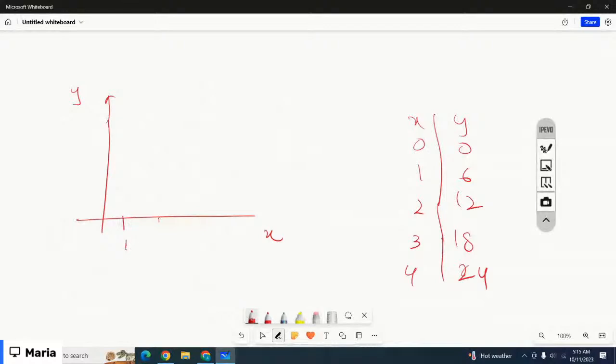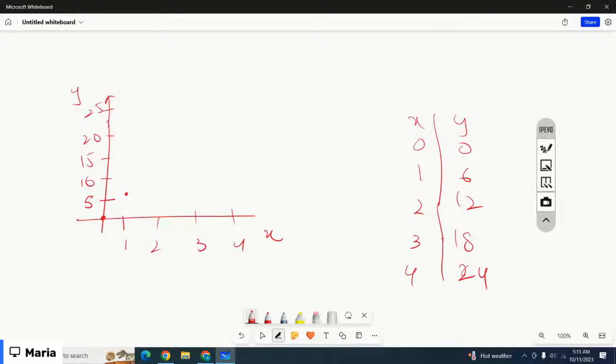X is 1, 2, 3, 4. Okay, 5, 10, 15, 20, 25. Okay, x is 0, y is 0. Here it is, right? Then x is 1, y is 6. Here is 1 and 6 here, a bit above 5, right?